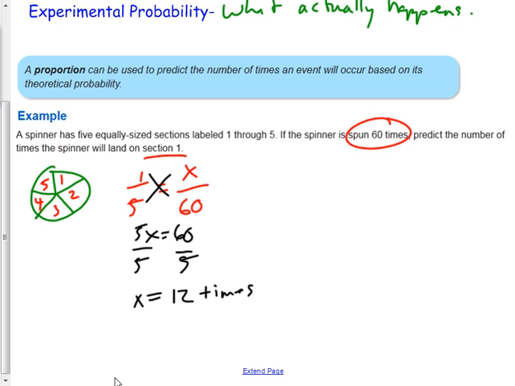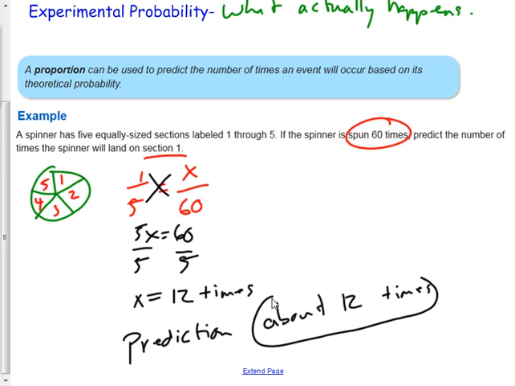Again, this is just a prediction, my theoretical probability. So it should happen about 12 times. So about 12 times is going to be my answer.